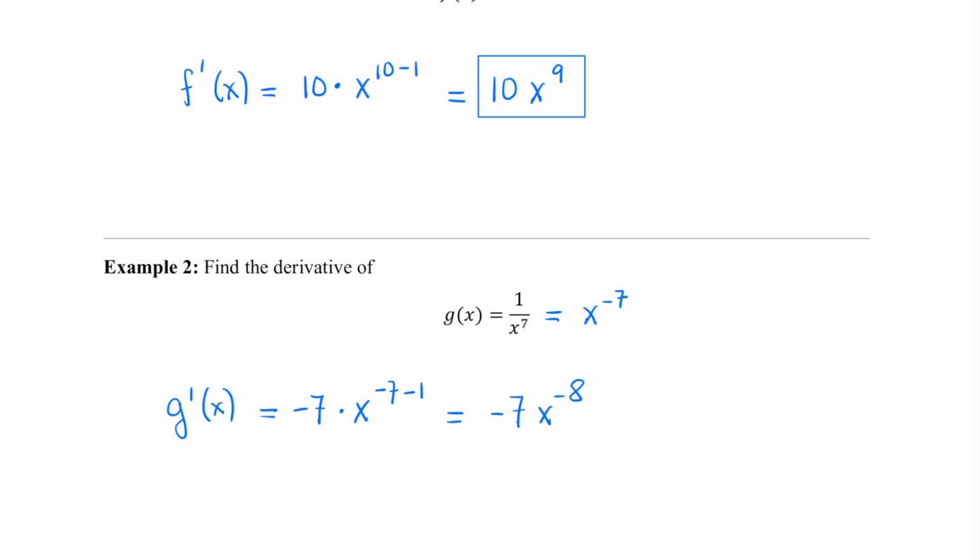If we want, we can rewrite this with positive exponents again. Since x to the negative 8 is 1 over x to the 8, we can write it as negative 7 over x to the 8. So the final answer is negative 7 over x to the 8.